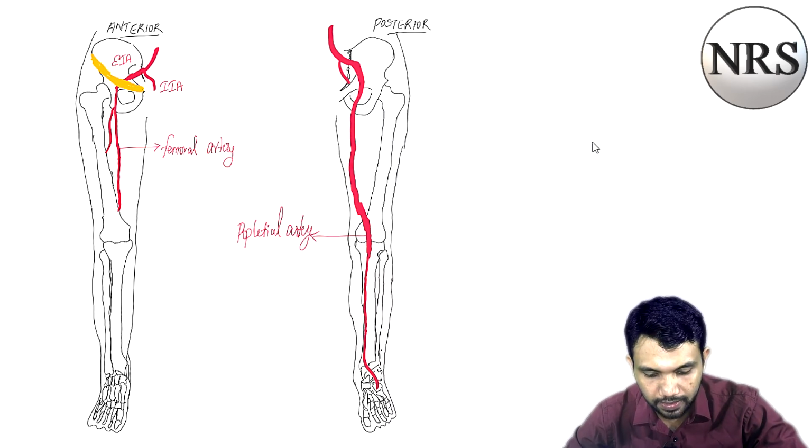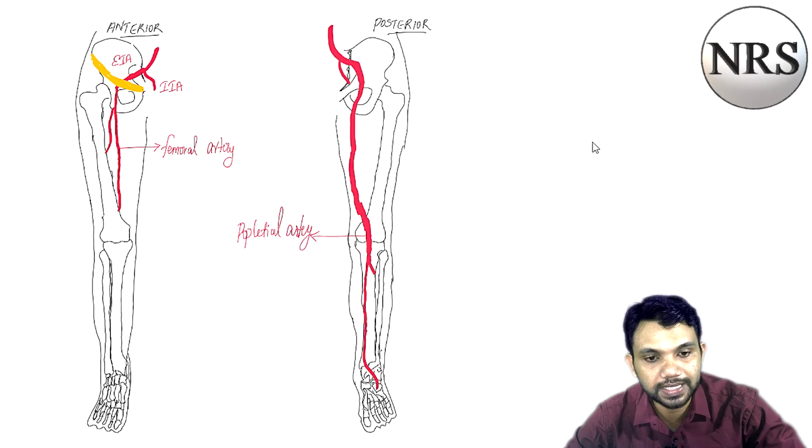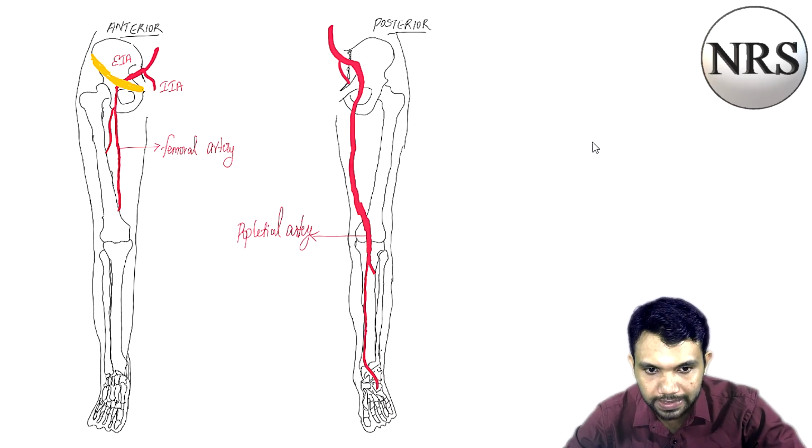And this gives off a branch at this point. Okay, at this point it gives off a branch 2 centimeter below this knee joint, at the end of this popliteal space. சரியா? இதை வந்து popliteal space அப்படின்னு சொல்லுவோம். popliteal artery அதுக்கு கீழே வந்ததுக்கு அப்புறம் ஒரு சின்ன பிரான்ச்சை கொடுக்கும்.